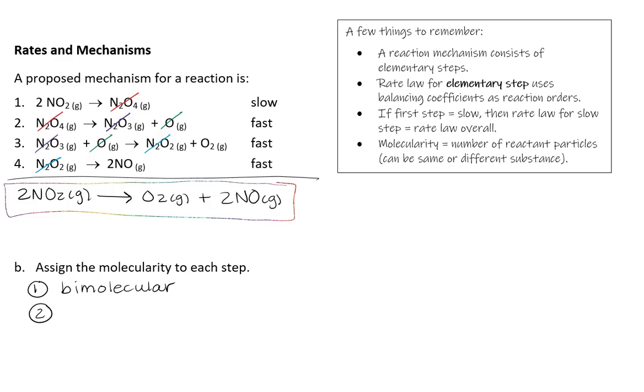In step 2, we have only 1 molecule of N2O4, so that would be unimolecular. And in reaction 3, we have two reactants, the N2O3 and the O. So that's another bimolecular step. And our final step has only N2O2, and that would be another unimolecular step.